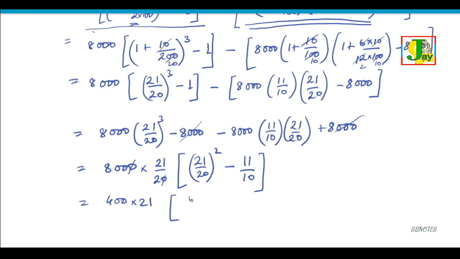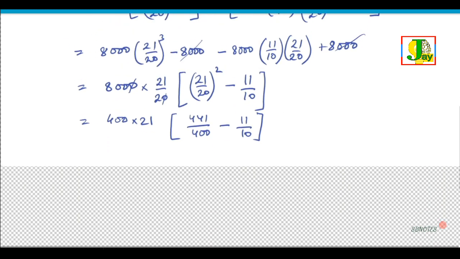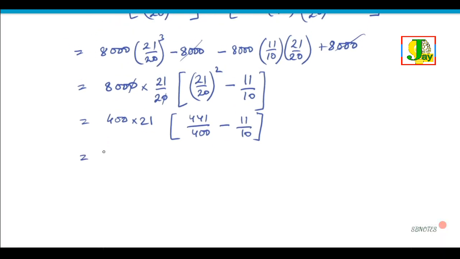Here we have 441 by 400 minus 11 by 10. So that's 400 into 21, LCM 400. So we have 441 minus 10 into 40, so 40 into 11, that's 440.